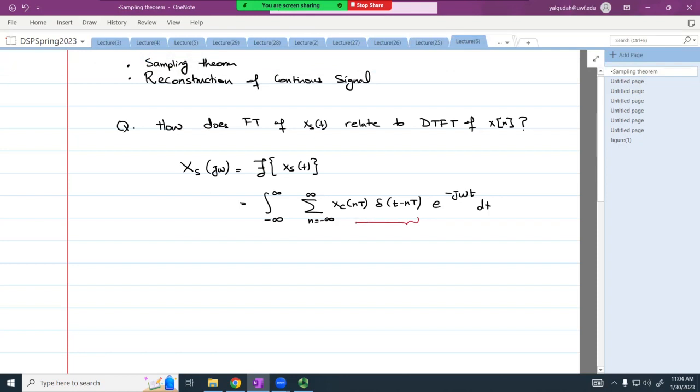So this is the signal x_s(t), and this is the expression for the Fourier transform, the integration of e^(−jωt) dt.